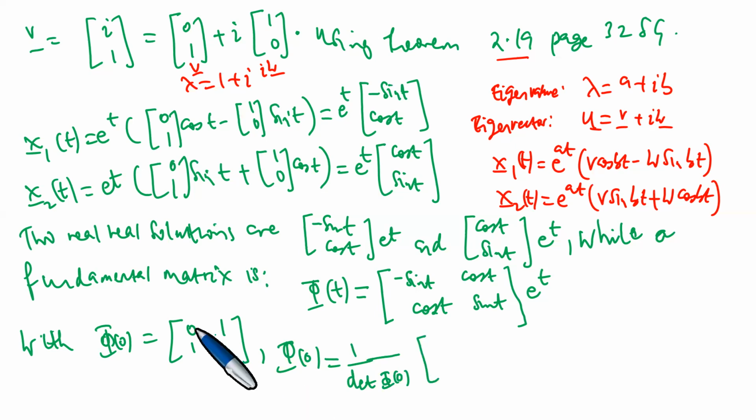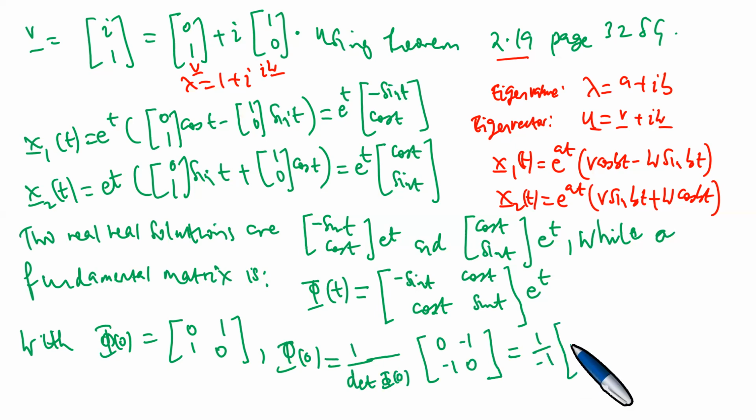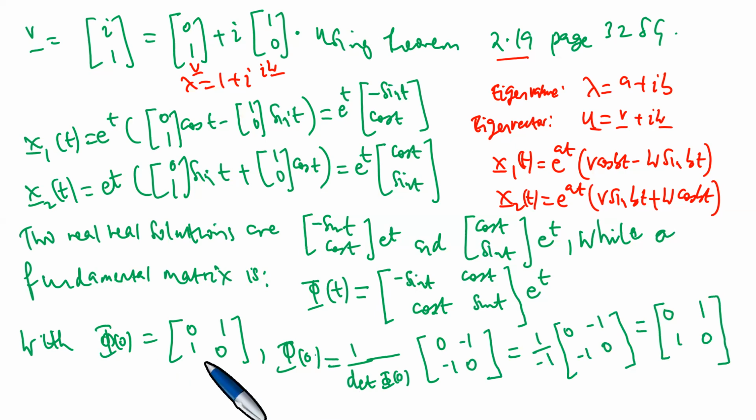Then what we do here, you switch these two, and then you find this is a minus 1. So we multiply out. I meant the inverse here. So this matrix is this, and the inverse is that one.